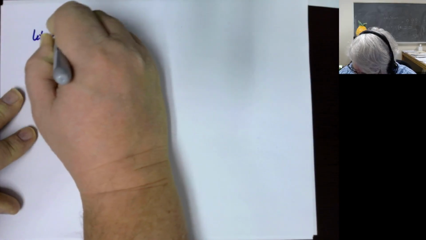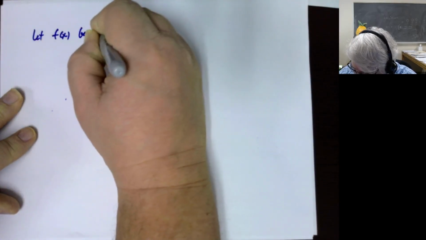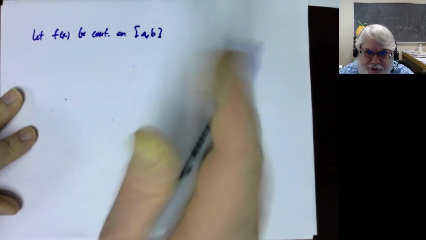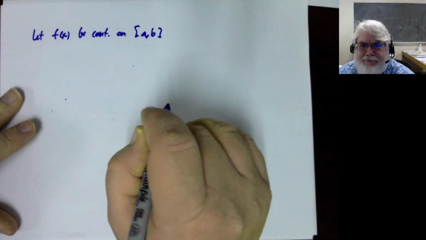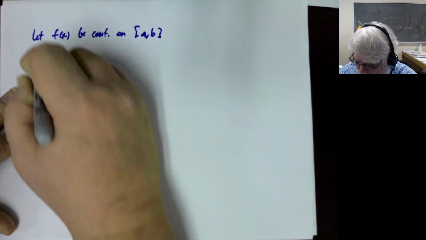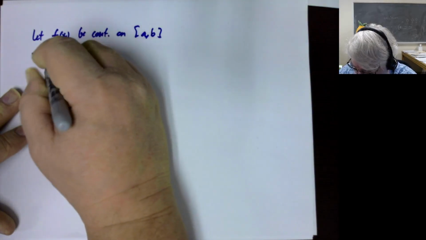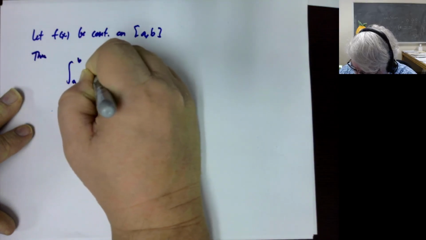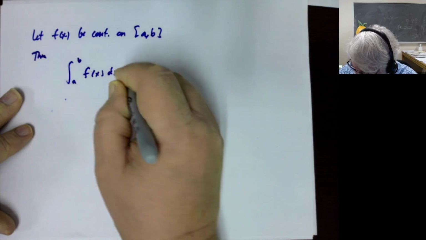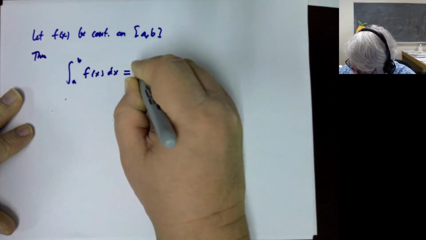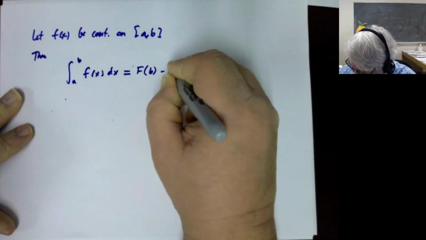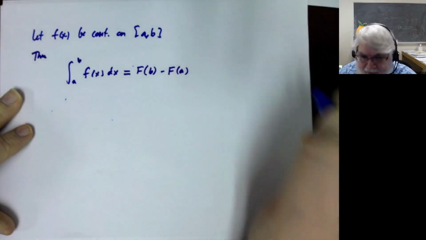Okay, so let f of x be continuous on the interval from a to b. So our functions are always going to be continuous just to make things easier for us. Then the integral from a to b f of x dx can be evaluated by taking the antiderivative of f evaluated at b minus the antiderivative evaluated at a.